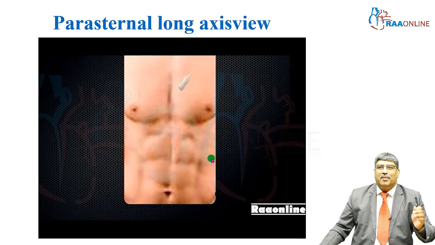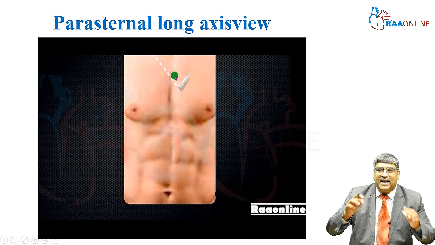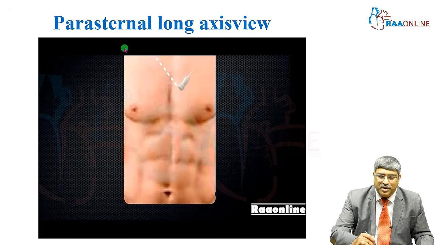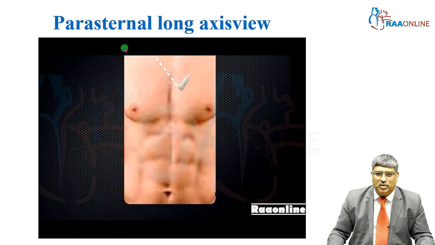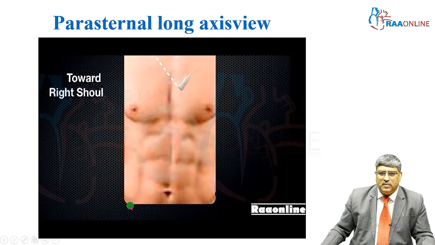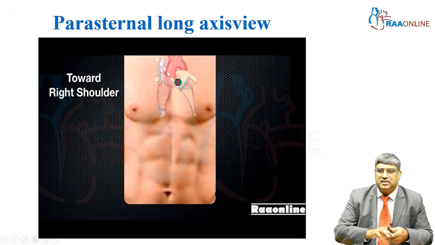Now coming to the parasternal view, where you place the probe directly over the heart and the probe light will be towards the right shoulder. Now you place the probe over the heart. Here cardiac structure is being seen.